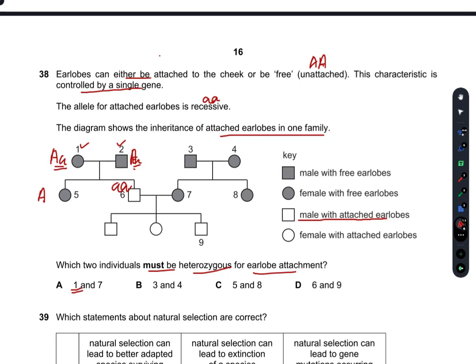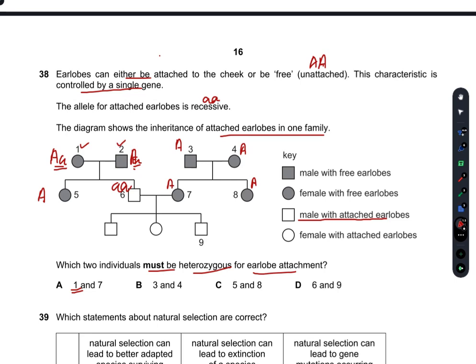Now, if I check parents three and four, three is a male with free earlobe, so it is again a capital A. Similarly, this female with free earlobes has a capital A once again.